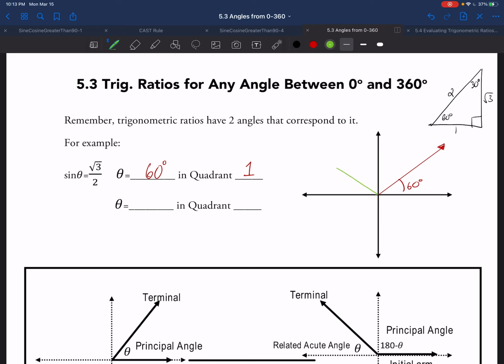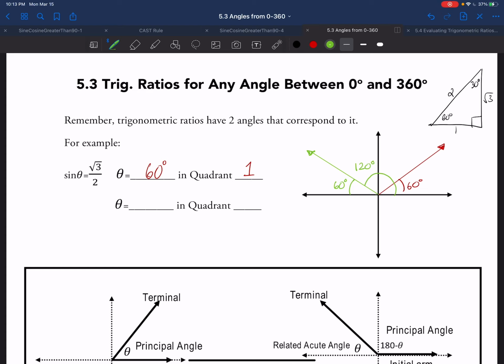And if we remember the CAST rule, sine is positive in the first and second quadrant. And I have a positive ratio. So if I consider 60 degrees away from the x-axis, that would make this 120 degrees.